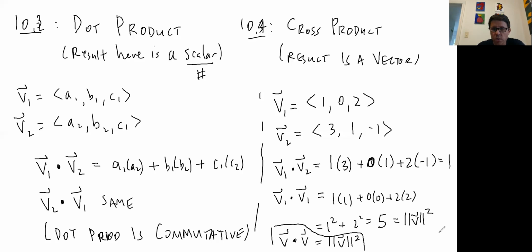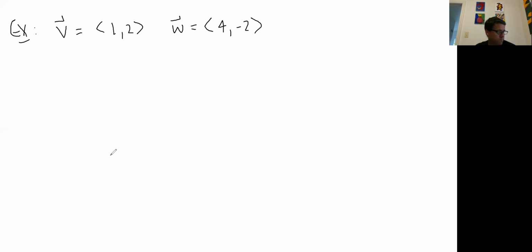That's pretty cool. You can also have examples in 2 dimensions, or 3 dimensions. Sometimes the book uses different letters, so let's try this. Say V is 1, 2, and W is 4, minus 2.